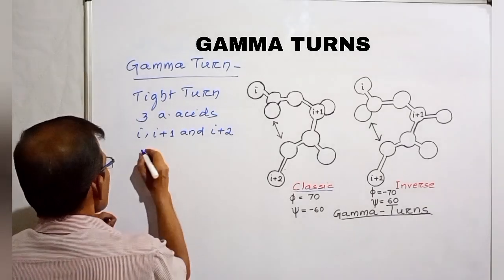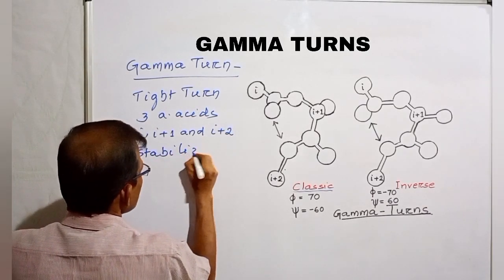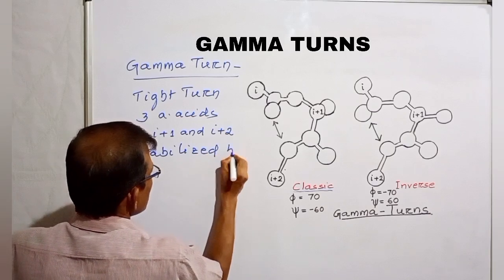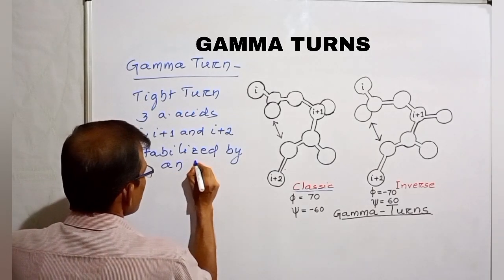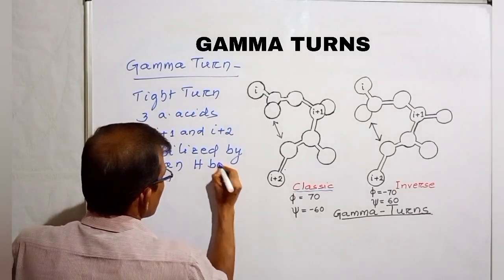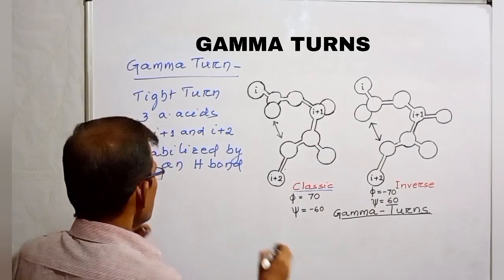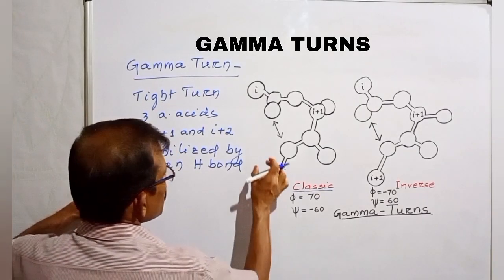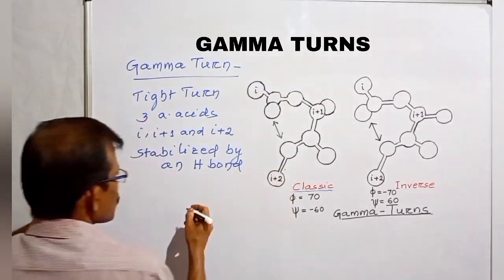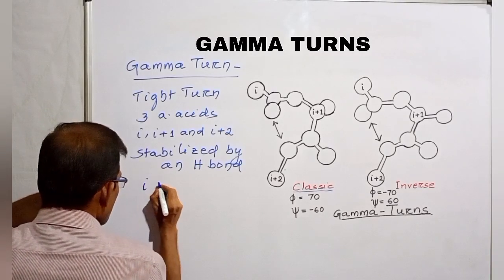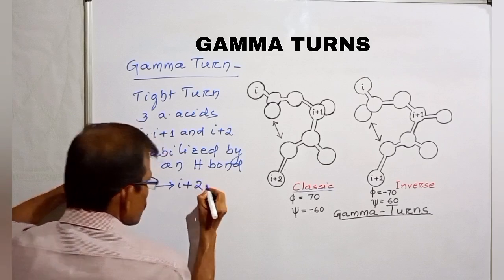Such turns are stabilized by a hydrogen bond which connects the carbonyl oxygen of one amino acid and the amide hydrogen of another amino acid, which is two residues ahead in the polypeptide chain. So the hydrogen bond is formed between residue i and i plus 2. So residue i is hydrogen bonded with residue i plus 2.